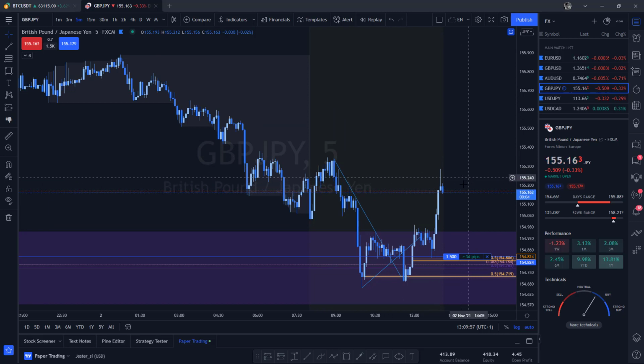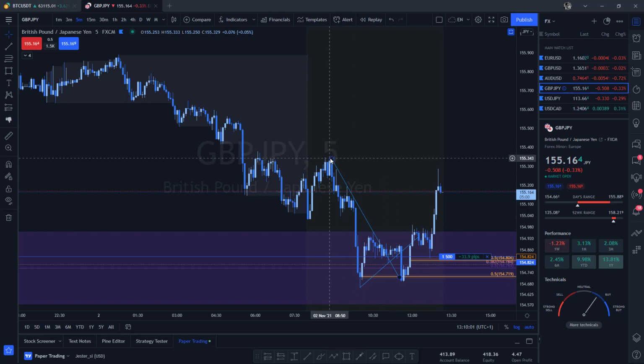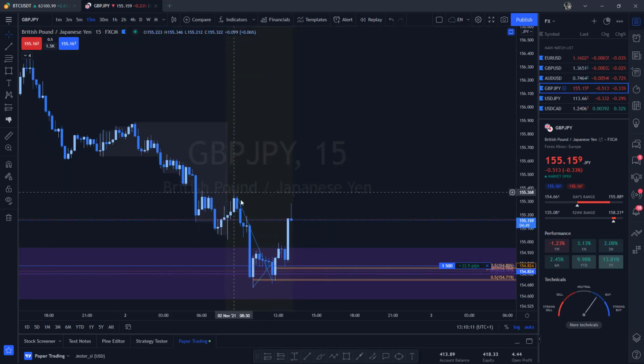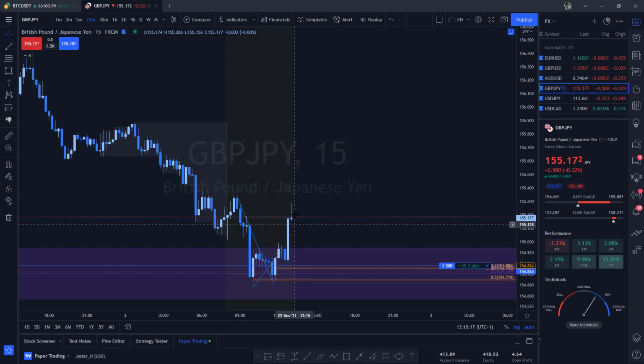Okay, so once again, this is the major high to be broken on the 5 minute or 15 minute to signal a switch in major intraday trend. The price didn't manage to do this.